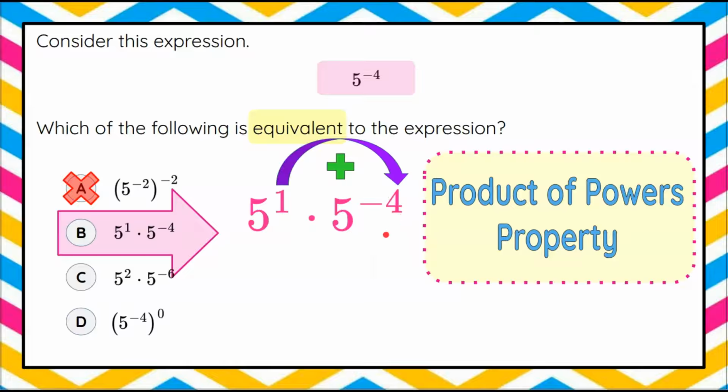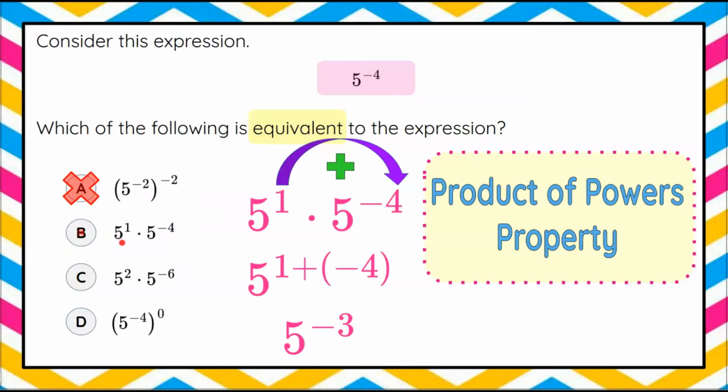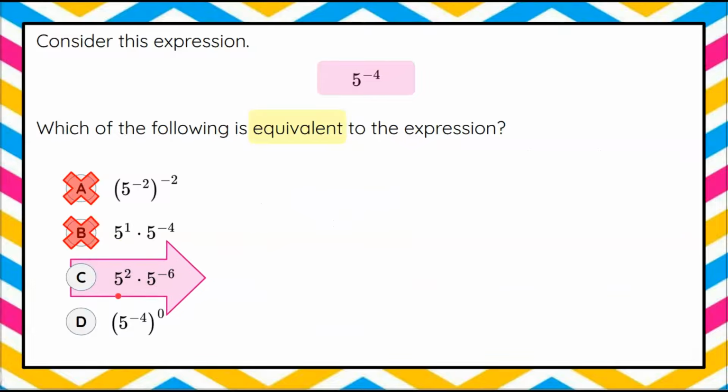So we keep our base and add our exponents. 1 add negative 4 gives me negative 3. 5 with an exponent of negative 3 is not equivalent to 5 to the negative 4, so we can also eliminate answer choice B.